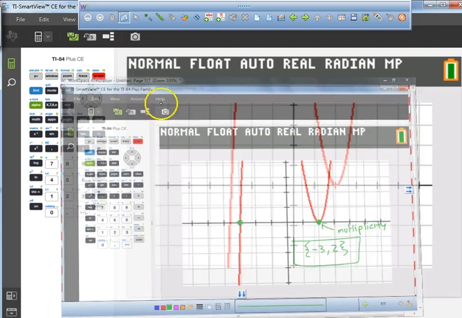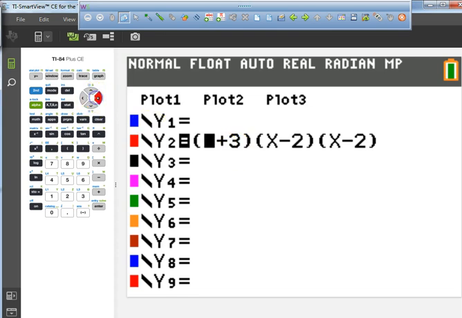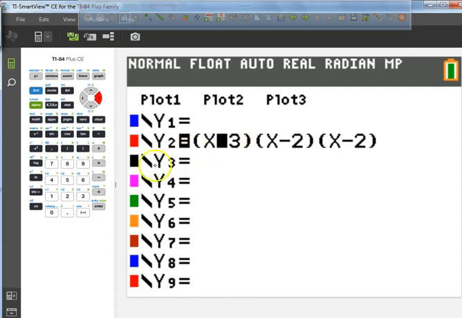Let me prove this to you. Go to y equals, clear this one out, go down to this one right here, and change this to a plus 4. Go over here, change this to a plus 3, and another x plus 3.